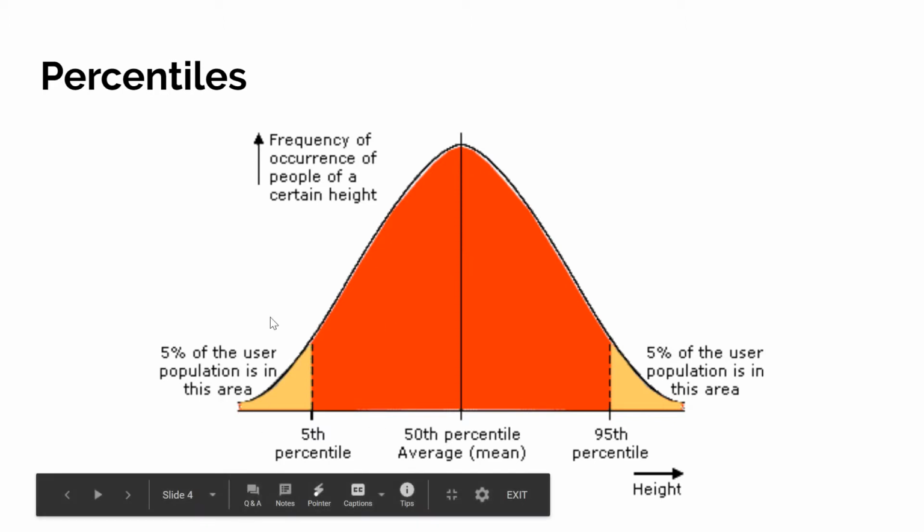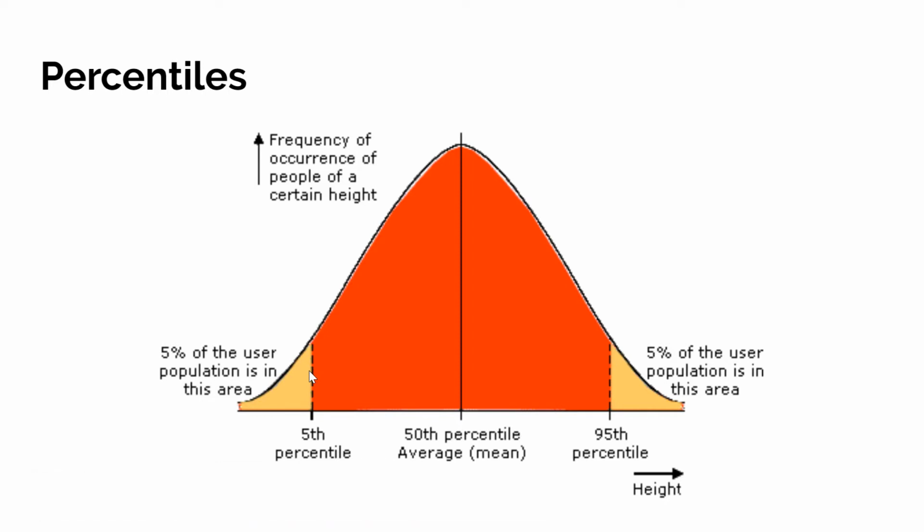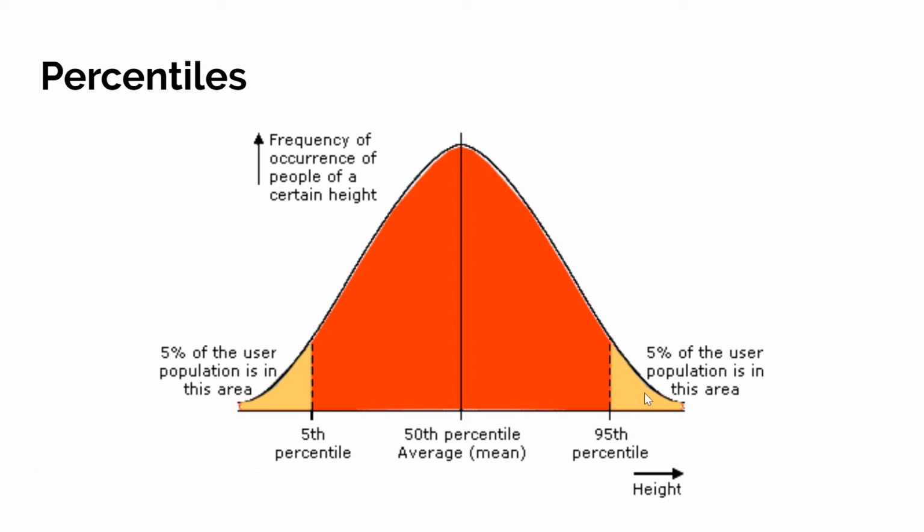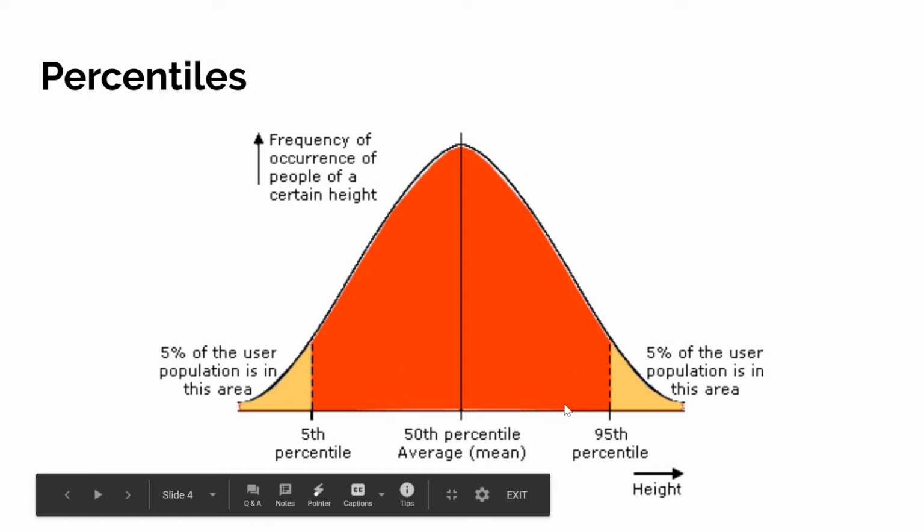The smallest, or the 5th percentile, is at the bottom of the graph over here, and the 95th percentile is at the top of the graph over here. So depending whether for some specific reason you need to design for the 5th percentile or the 95th, but for most of you the 50th percentile will be the data that you want to focus on.